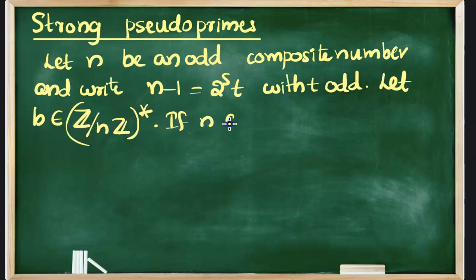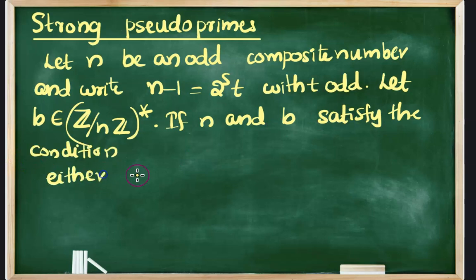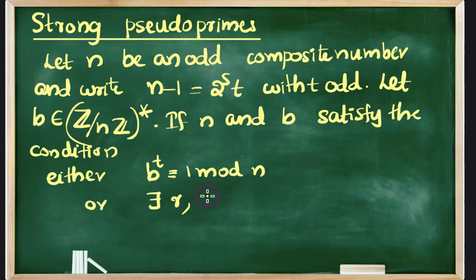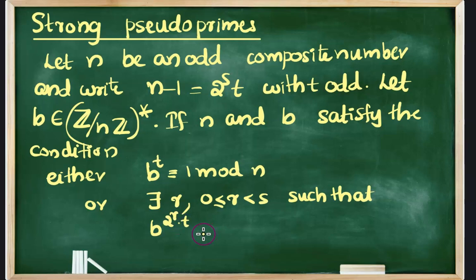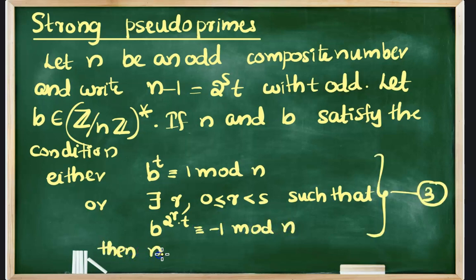If n and b satisfy the condition either b raised to t is congruent to 1 modulo n, or there exists r where 0 less than or equal to r less than s such that b raised to 2 raised to r into t is congruent to minus 1 modulo n, then n is called a strong pseudo prime to the base b.